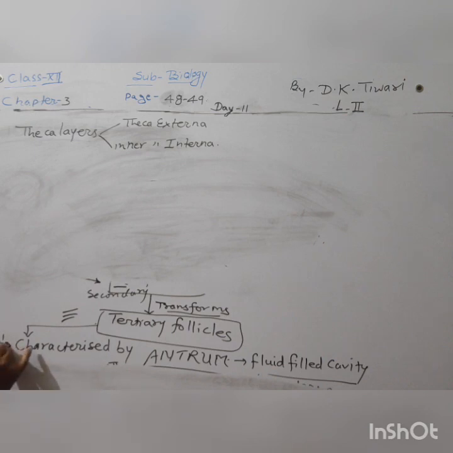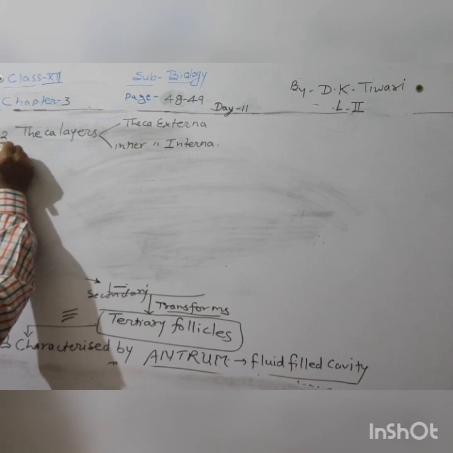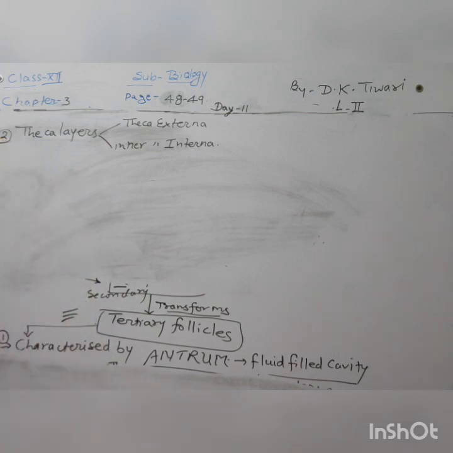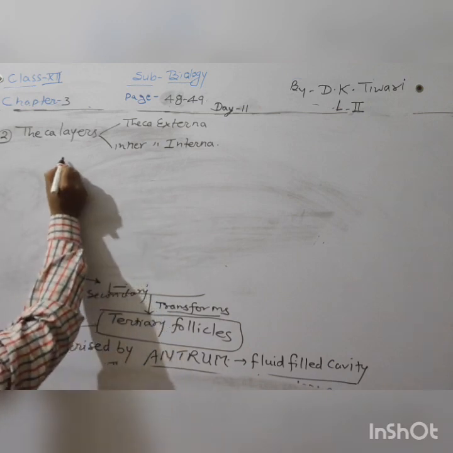First, it will have the antrum. Second, the theca layers will be there in the tertiary follicle. And now the tertiary follicle will have the primary oocyte.